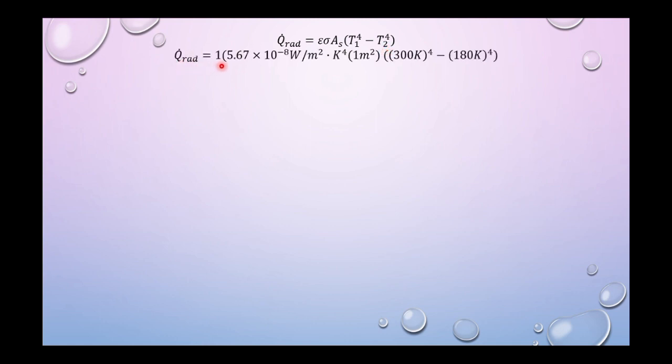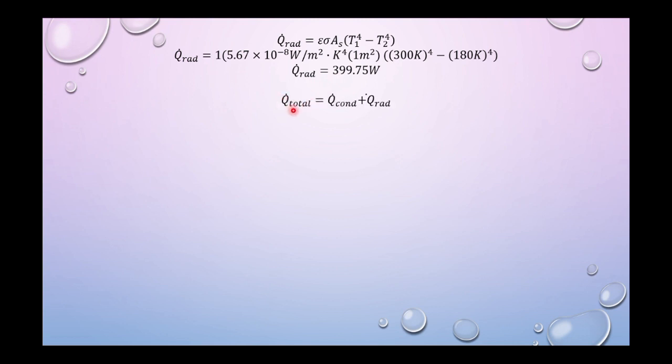Q rad is equal to 1, which is the emissivity, times 5.67 times 10 raised to negative 8 watts per square meter Kelvin raised to 4, times the surface area 1 square meter times 300 Kelvin raised to 4 minus 180 Kelvin raised to 4. So simplify. So our Q rad is equal to 399.75 watts.